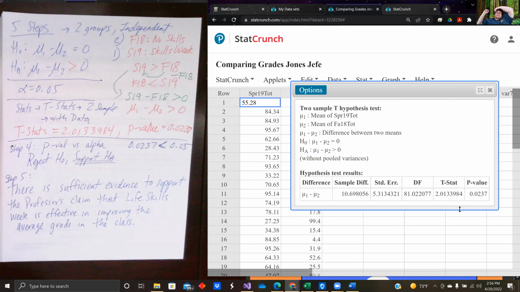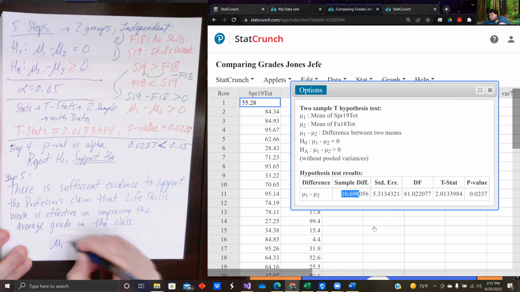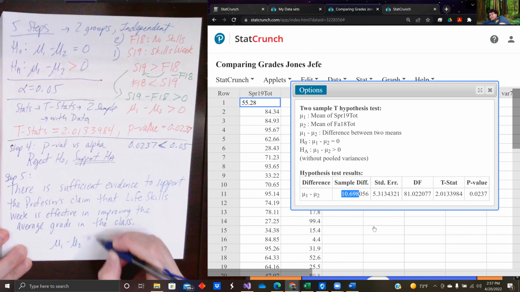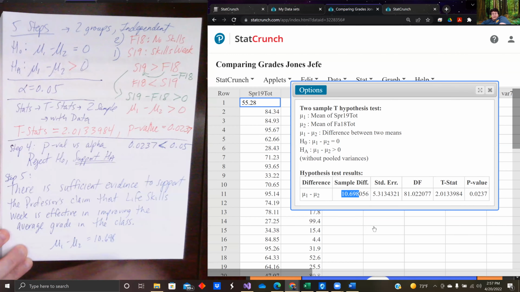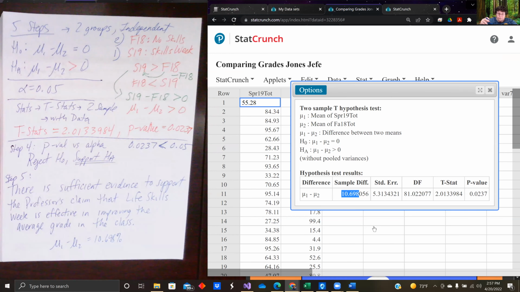I measured final grade in the class. And you see that sample difference right there? 10.698. That's my mu1 minus mu2. The mu1 minus mu2 average is 10.698. And these were percentage points. The average grade in the spring class went up a full letter grade.